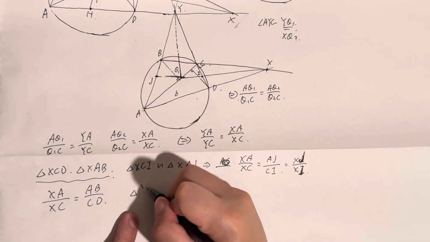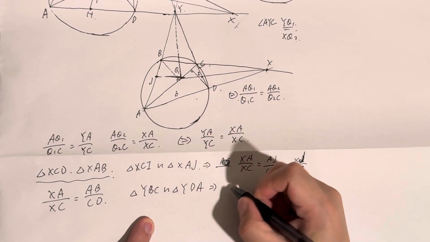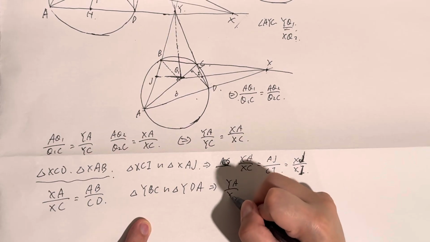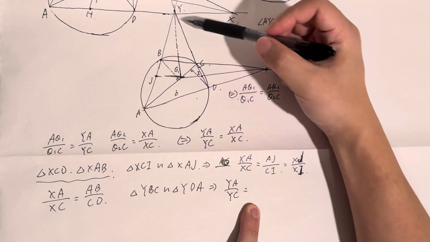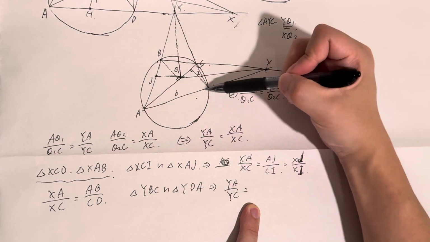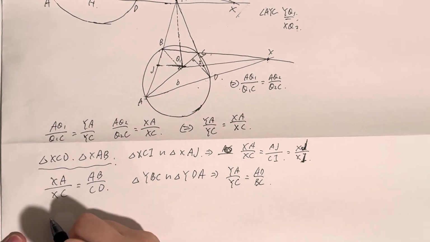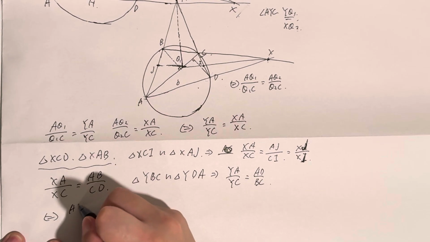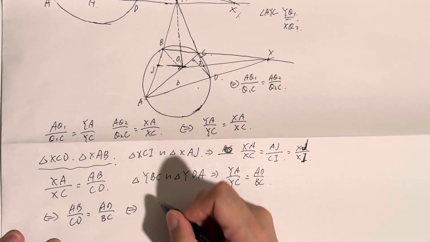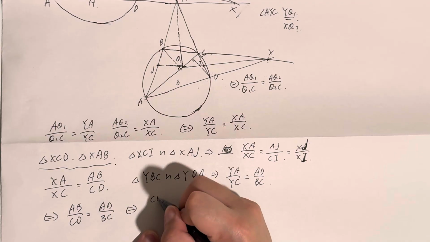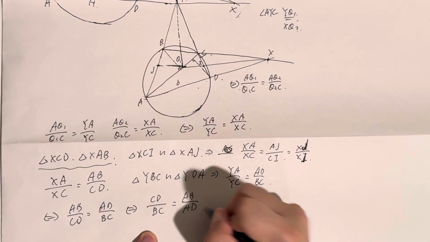Similarly, triangle YBC is similar to triangle YDA, which means YA to YC equals AD to BC, because these two triangles are similar. This is saying that we want to prove AB to CD equals AD to BC, which means we want to prove that CD to BC equals AB to AD.